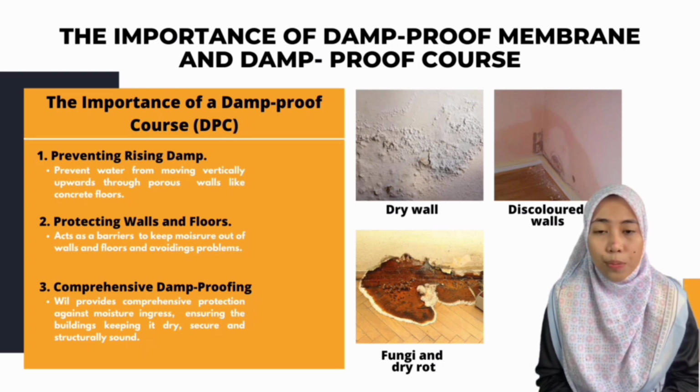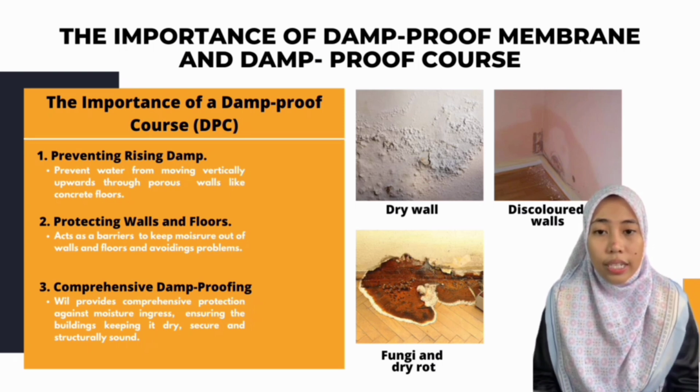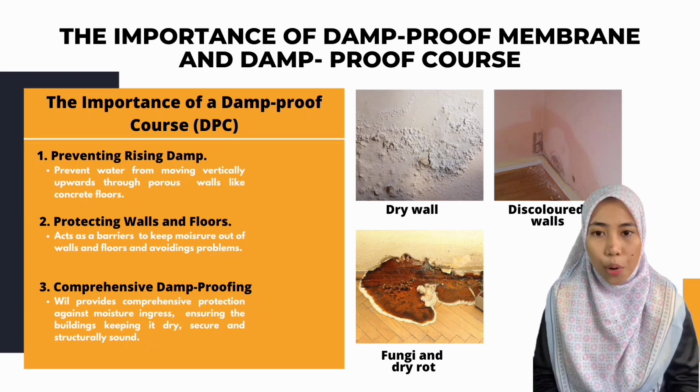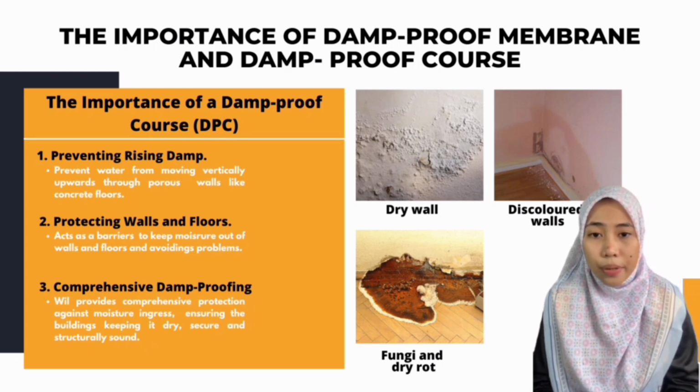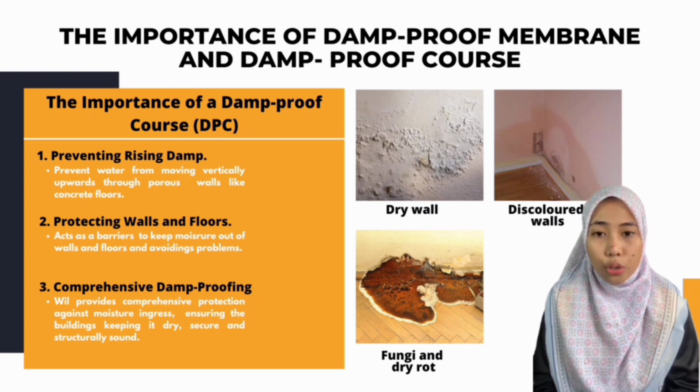The second point is protecting walls and floor. The damp-proof course is important because it acts as a barrier to keep moisture out of walls and floor, avoiding problems like mold development, contaminated soil, and dampness-related structural damage. This can increase the value of the building because less dampness can enhance the aesthetic value of the building structure.